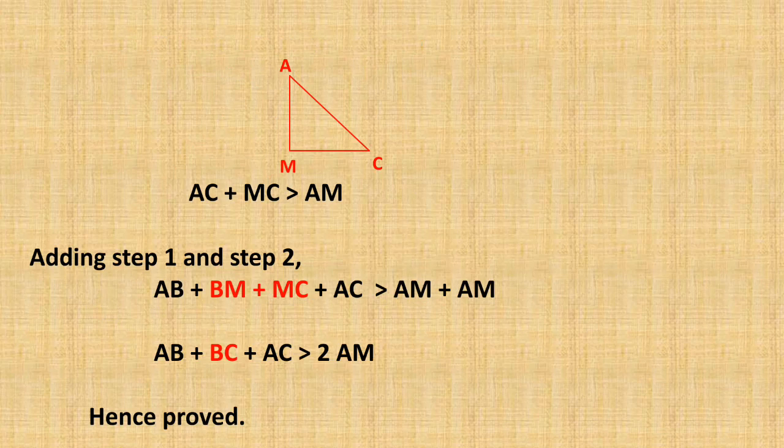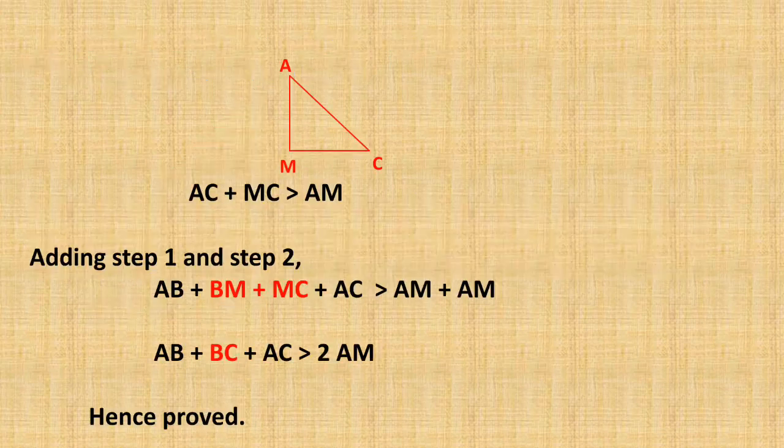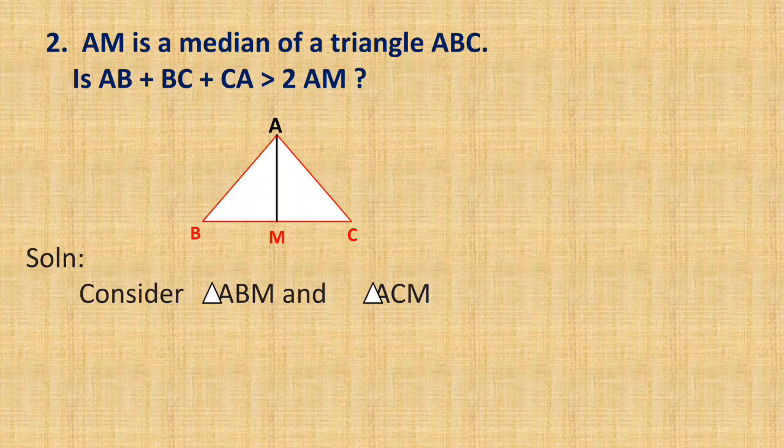Now, look at that. You have AB, AC. In your question, you have AB, BC, CA. Now, what is the remaining? BM plus MC. Look at your diagram. BM is one part, another one MC. The total line is BC.